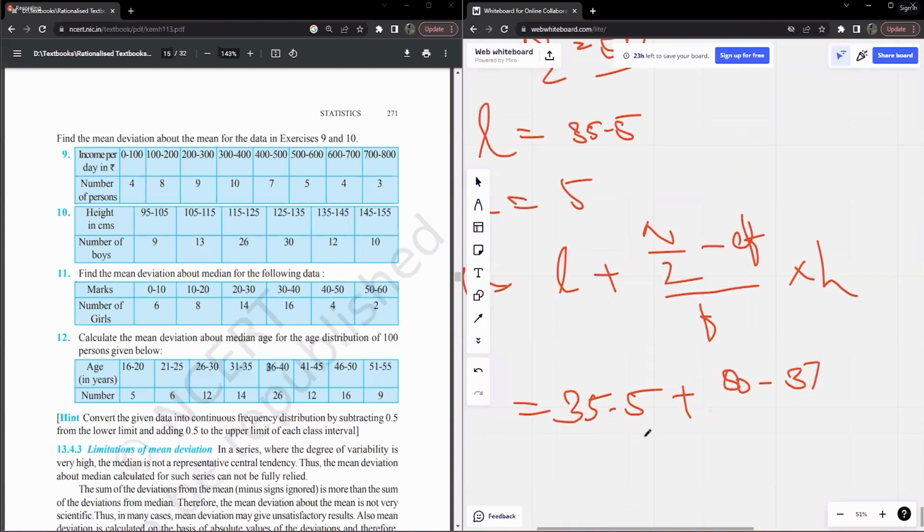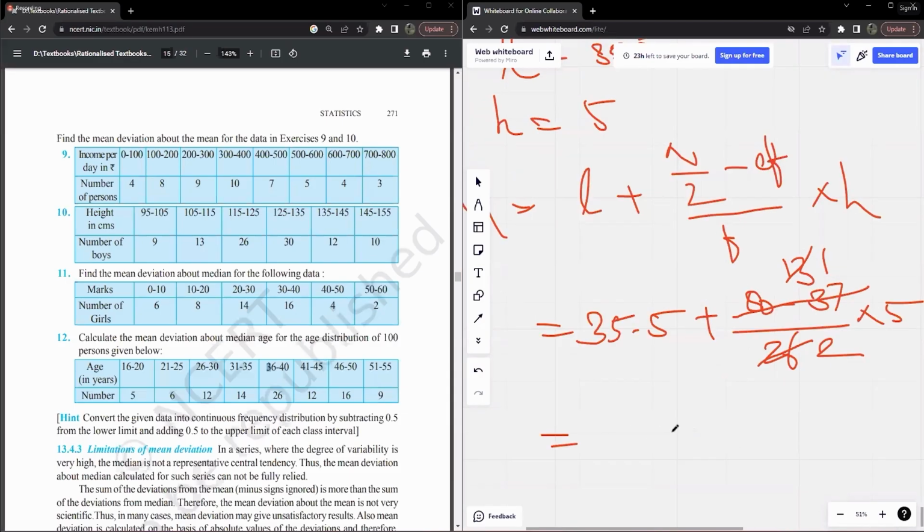So I'll write this as 35.5 plus 5 by 2, that is 2.5, which is 36 plus 2, 38. That's the median.